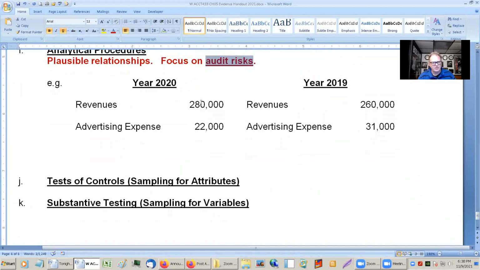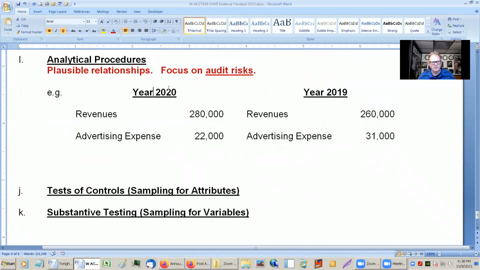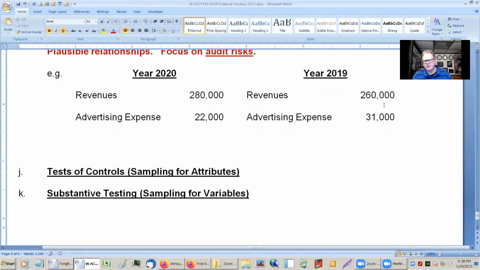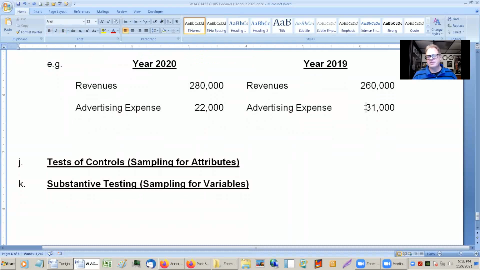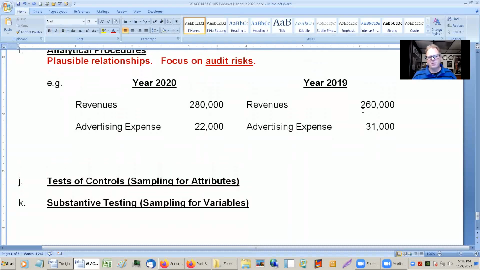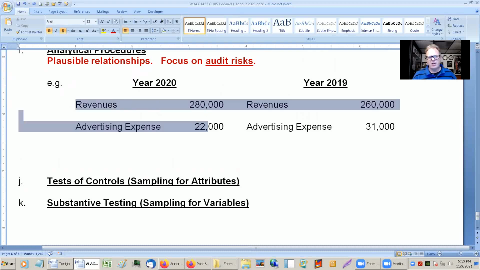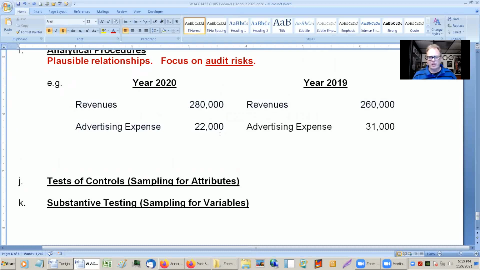And so here is an example. 2019 had sales of 260,000 and advertising expense of 31,000. In year 2020, they had 280 in sales and advertising expense of 22,000. What is unusual about this?